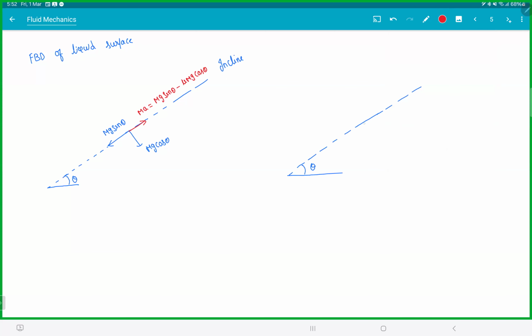So the resultant will be mu mg cos theta and mg cos theta. This would be your net force.